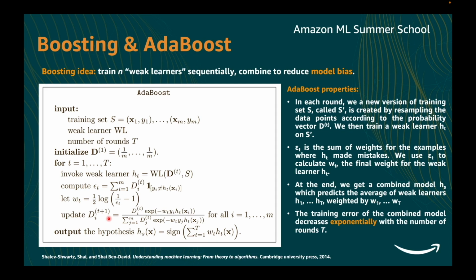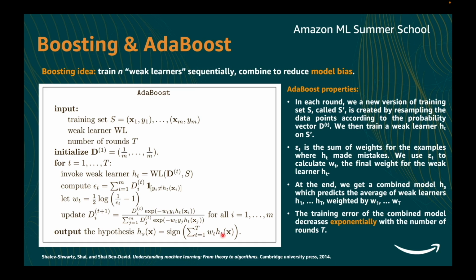So finally, suppose you've done this whole process, you've completed t rounds, and you've gotten t versions of this classifier and t corresponding weights. The final hypothesis, the final output model, is just going to be a simple combination of those. You take the model from the weak learner at each round, you multiply it by the respective weight which was calculated on the training set, and you just sum those up.